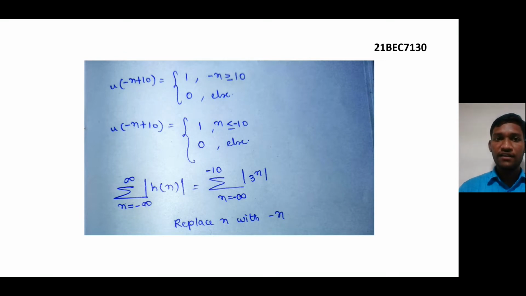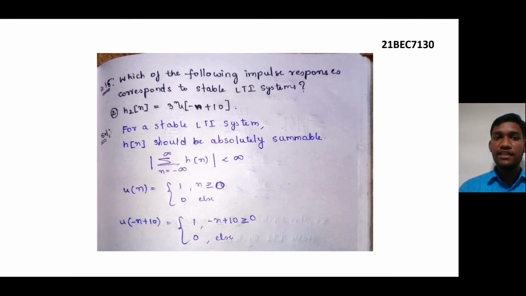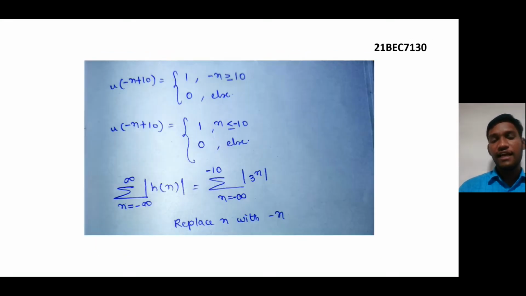And the function given is 3 power n, and in these limits u of minus n plus 10 is simply eliminated because its value is 1 within the limits.